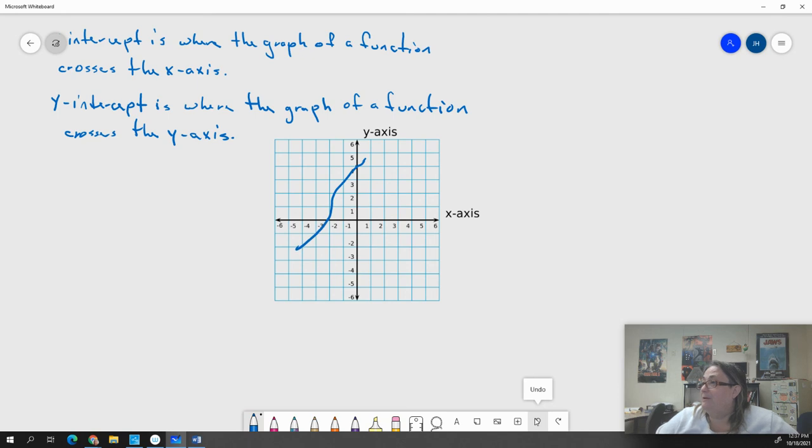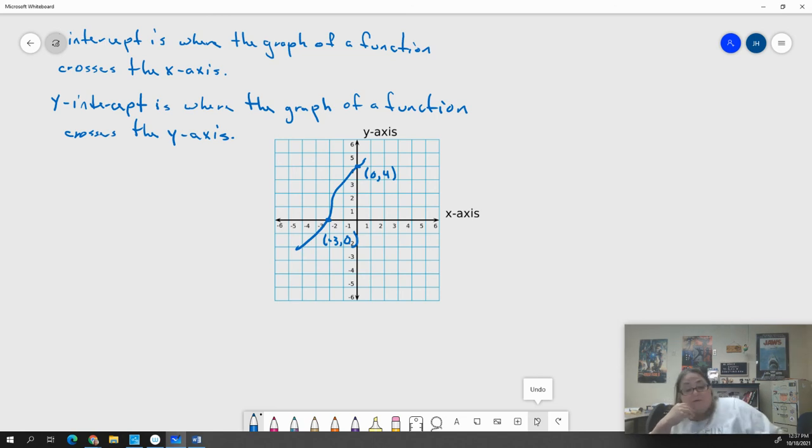So here I have a point, and here I have a point, right? This point right here where it's crossing the y-axis is at x equals 0, y equals 4. That is my y-intercept. This point on the x-axis where x equals -3 and y equals 0 is my x-intercept, right?